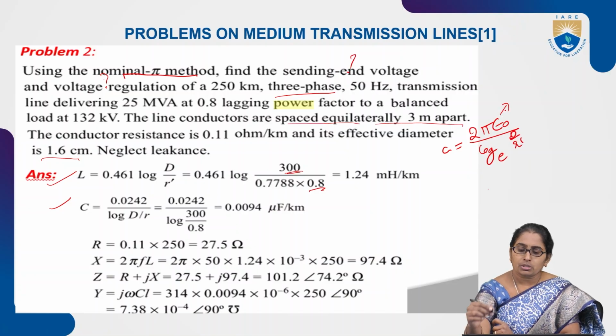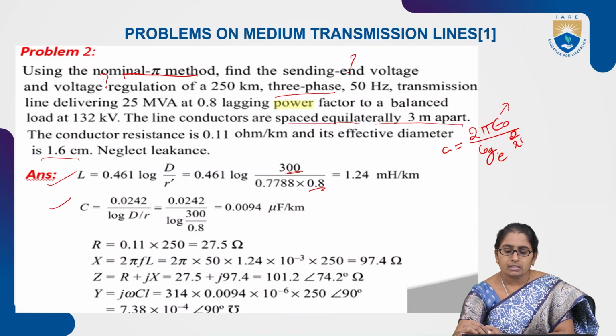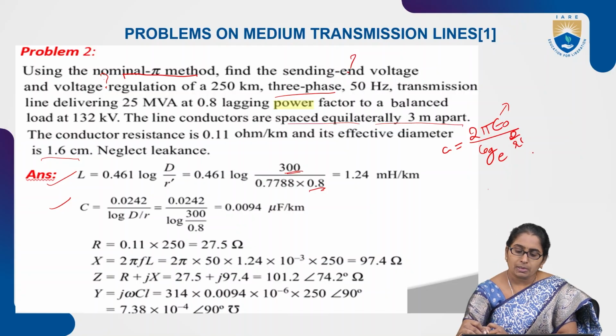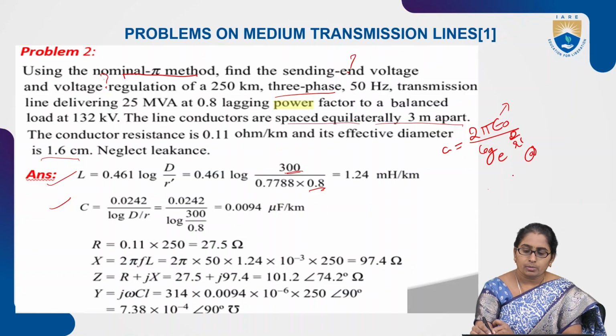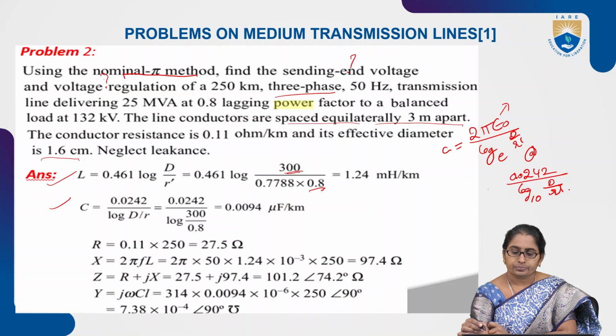Substituting epsilon as 8.854 into 10 power minus 12, and converting log base e into log base 10, the same expression becomes 0.0242 by log base 10 D by R dash.